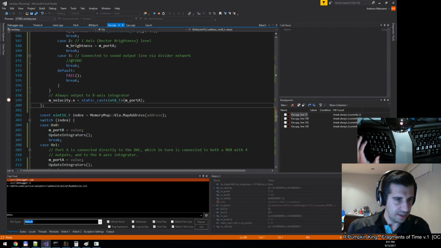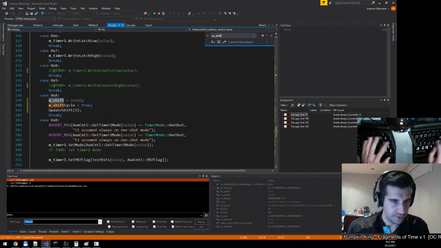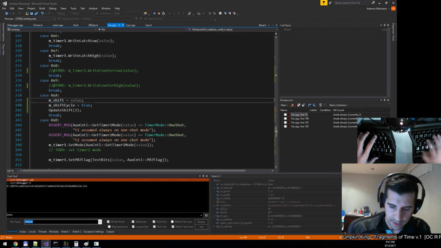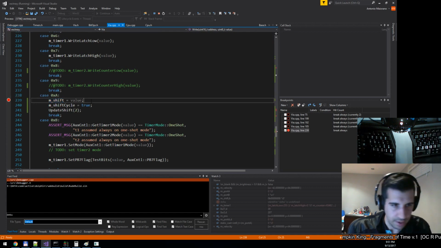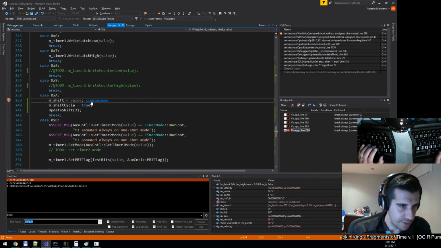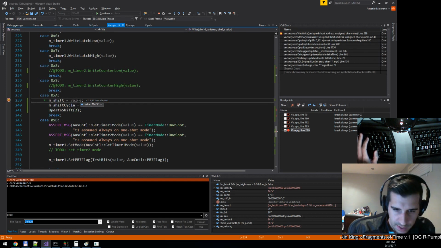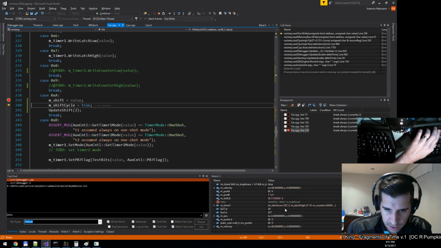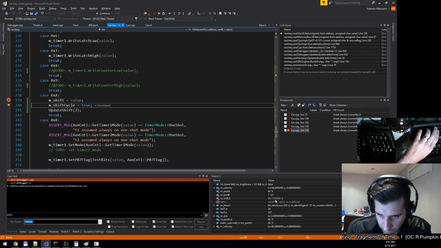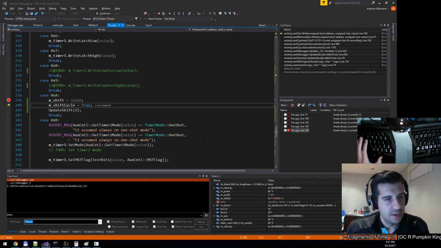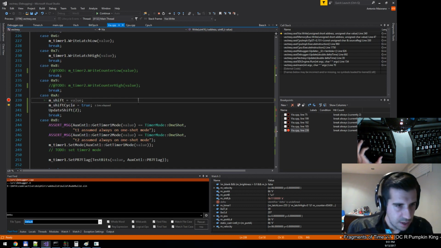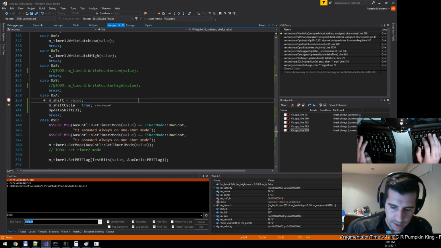So let's see if that actually works correctly. So I should hit this breakpoint here, and we do. And what does this look like? Shift looks like 1110, then 0000. Okay, that's cool. So I'm happy about that.